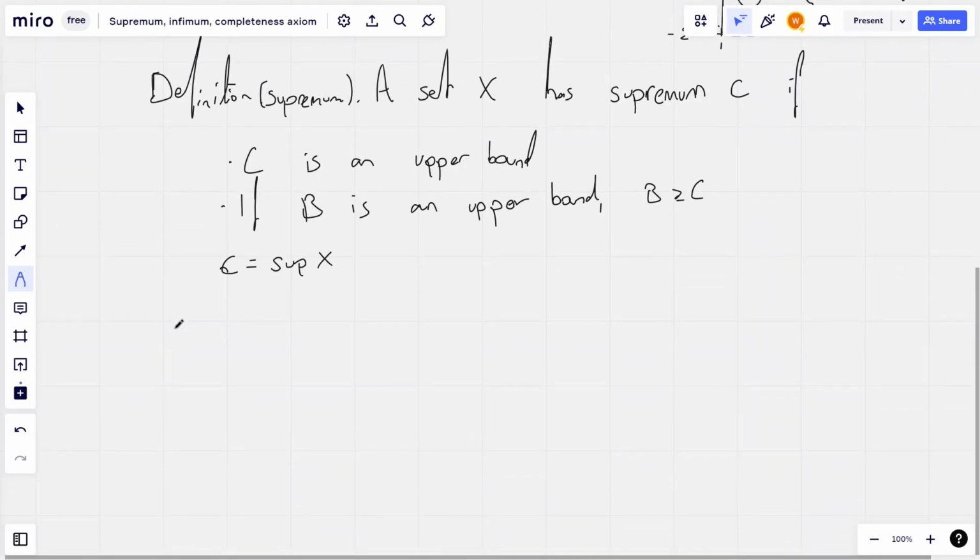So similarly, the definition of the infimum.